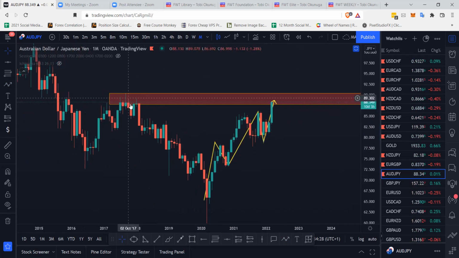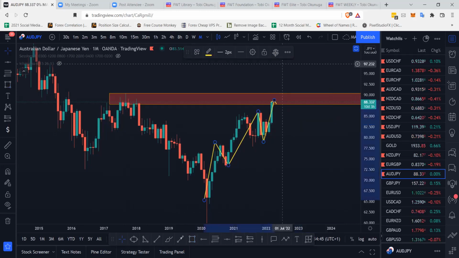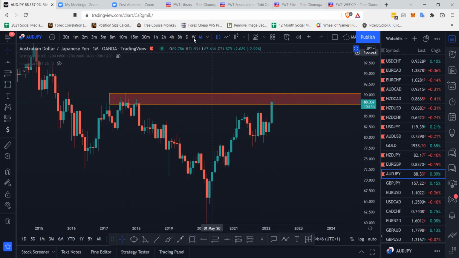This would possibly be the zone that will push price and then make that correction happen into the zone, rally base rally. That's what I see on the monthly. Let's go to the weekly chart.